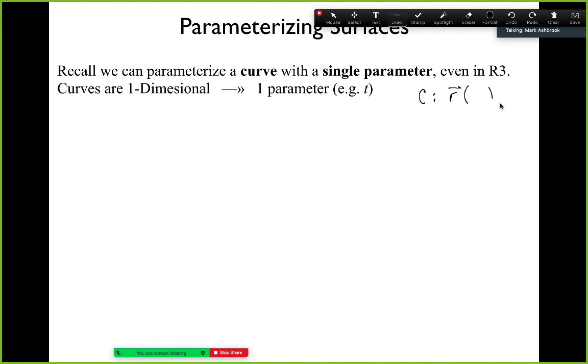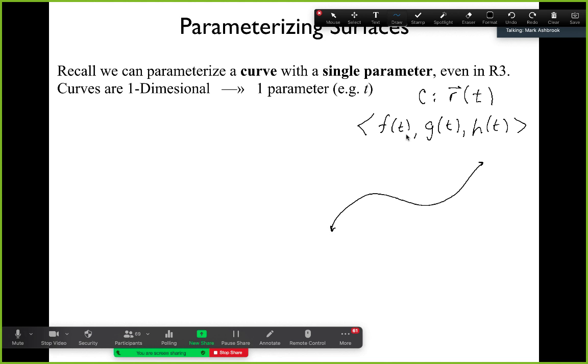And so if it's a curve, how many parameters do we need? One. Just one. Why? What is it about a curve that corresponds with the fact that we only need one parameter, one degree of freedom, so to speak?